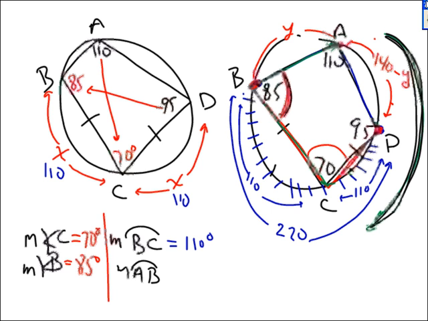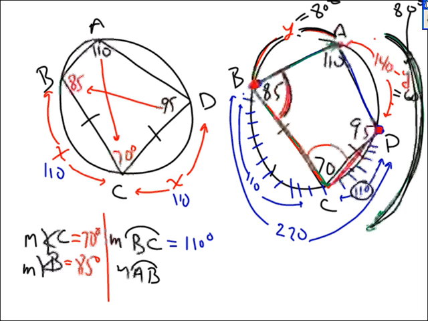Well, we've already used up 110. This must be 60. 140 minus Y is 60. That is, Y must be 80. Y must be 80 degrees.